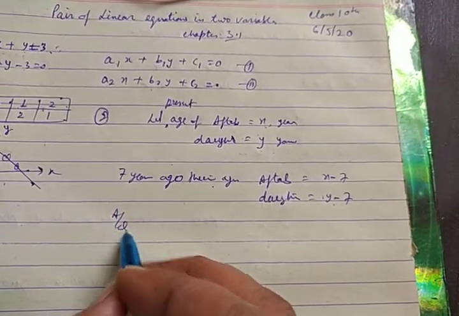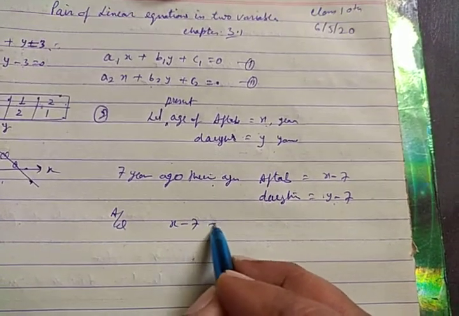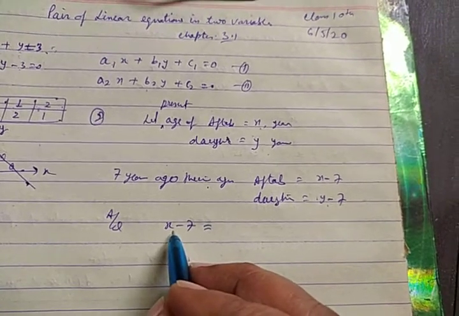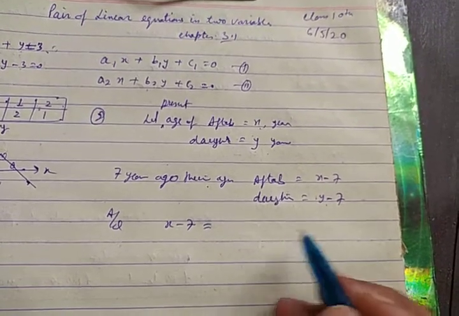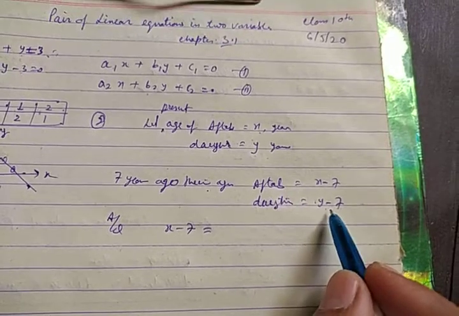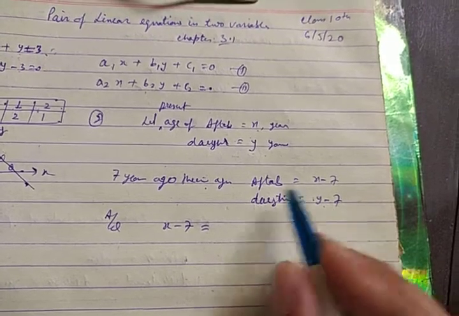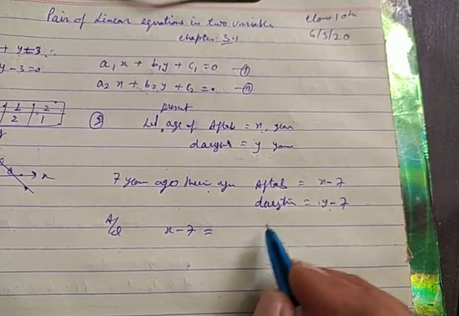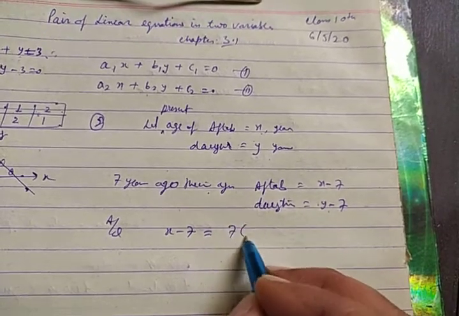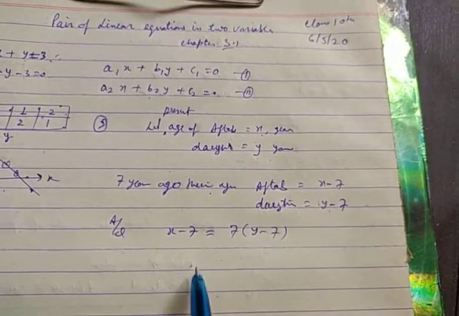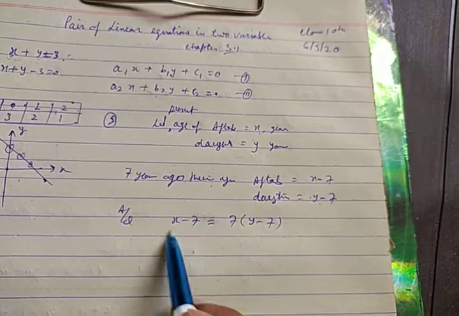Then according to the question, Aftab's age is 7 times the daughter's age, so x minus 7 is equal to 7 into y minus 7. This is how I have applied the condition.